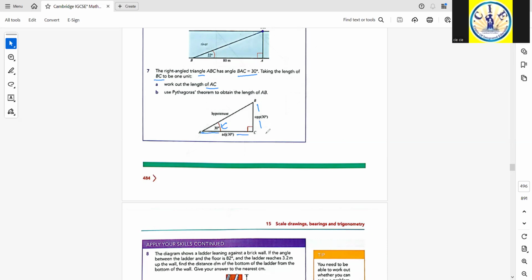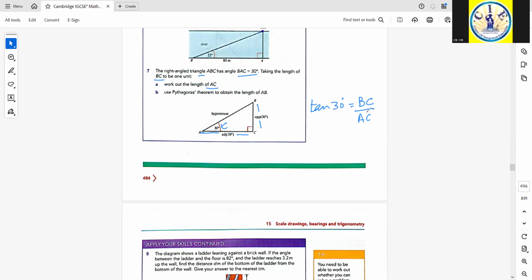This is what we need to find out. That means we need to find out tangent of 30 degrees, that is equal to the opposite side, that is the side BC, divided by the adjacent side, that is AC.